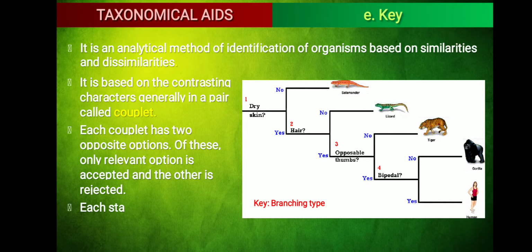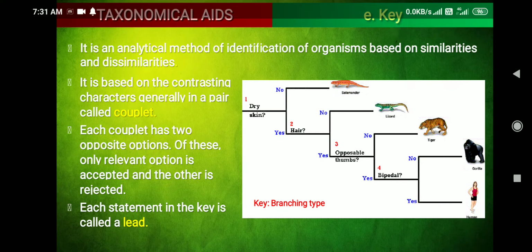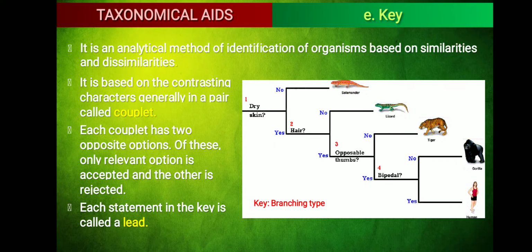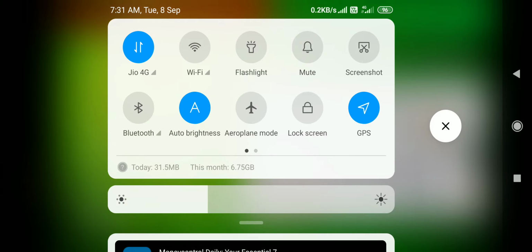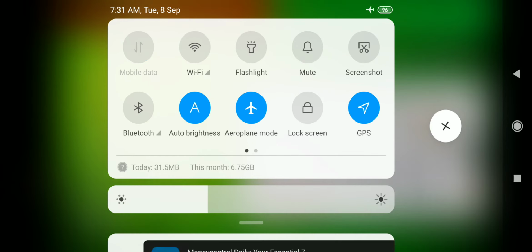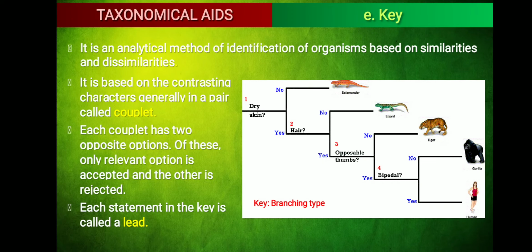Each statement in the key is called a lead. So when we come to the key, first, what is the key? A key is an analytical method of identification of organisms based on similarities and dissimilarities.